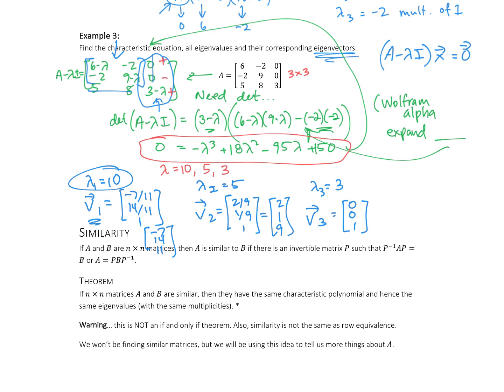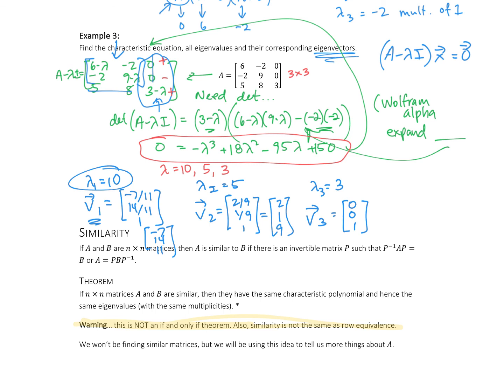Now, if they are similar, the nice thing is that they have the same characteristic polynomial, so they have the same eigenvalues. Be very, very cautious, though: notice this did not say if and only if.